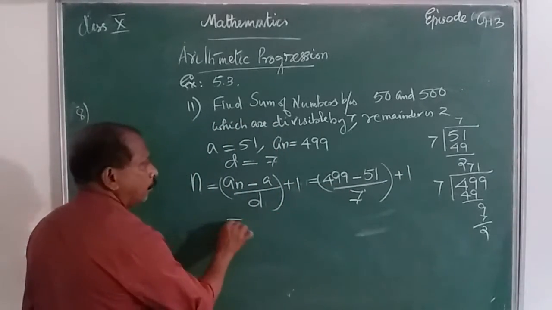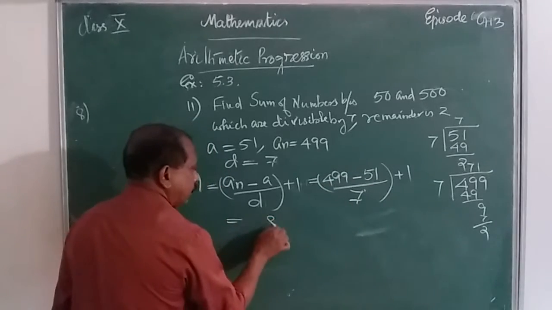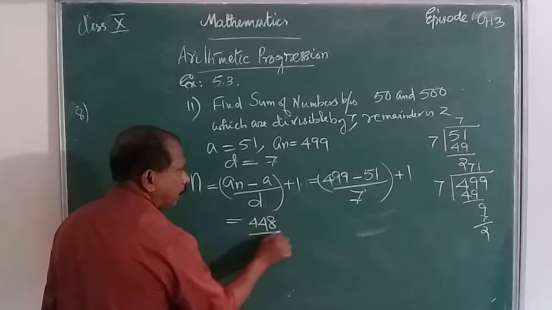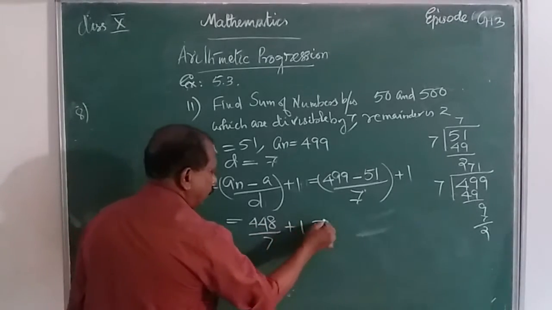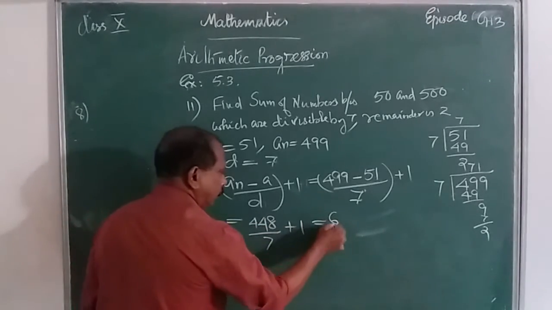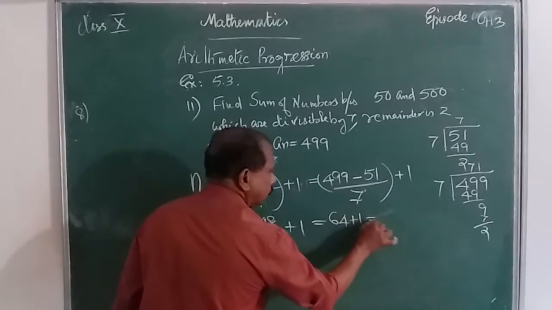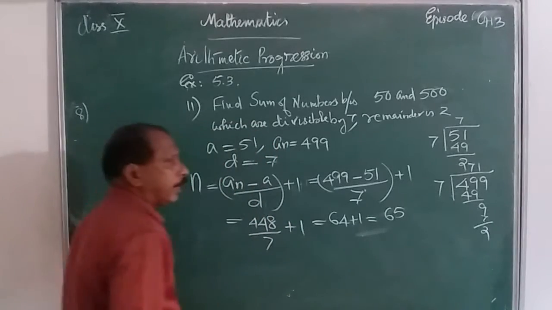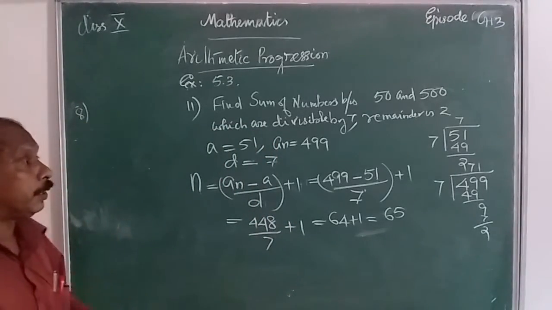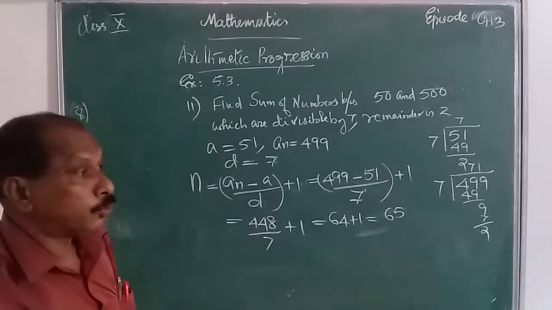That is 448 by 7 plus 1, which is 64 plus 1, equal to 65. There are 65 numbers between 50 and 500 which are divisible by 7.